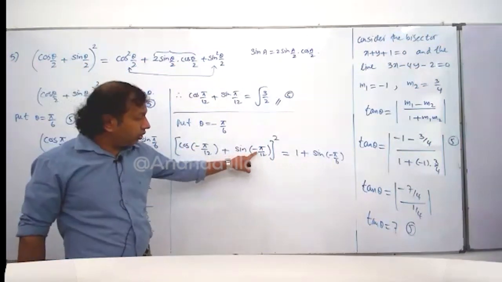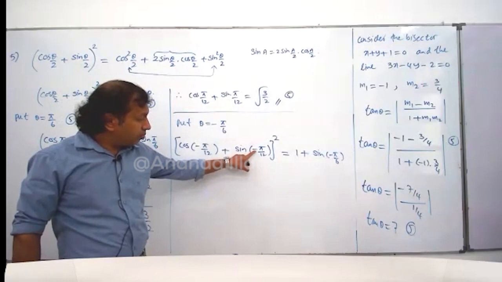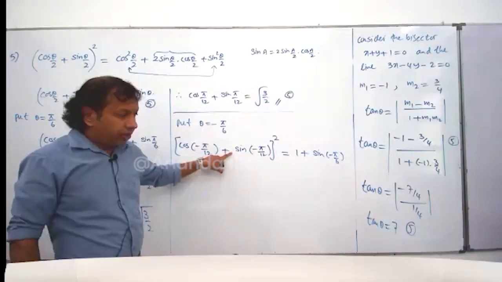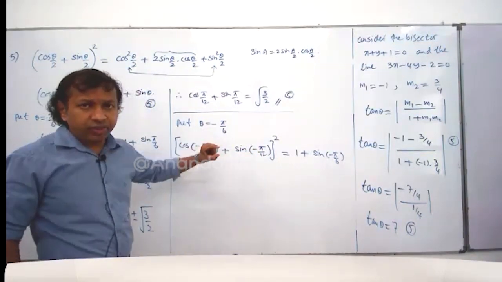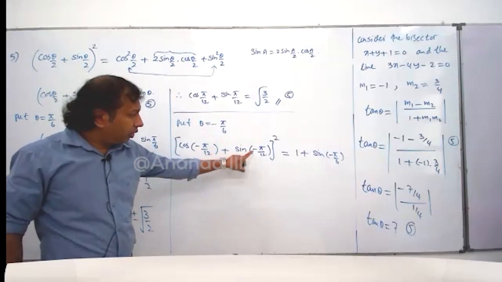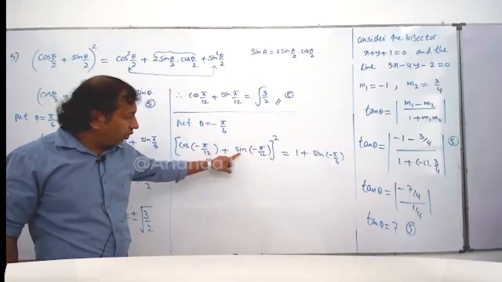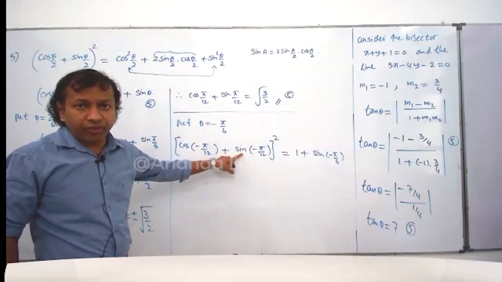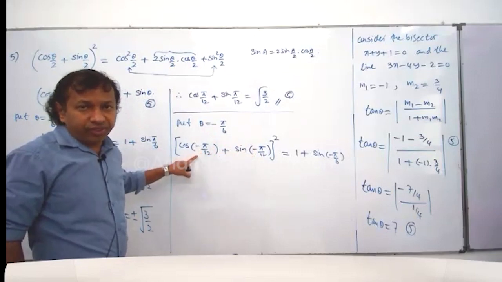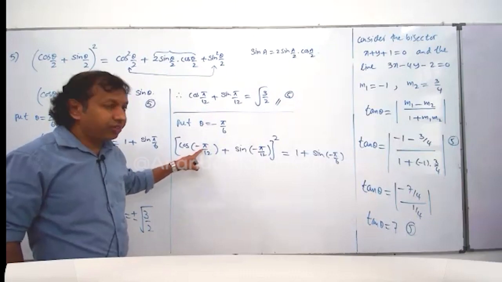Sin of a negative angle, the minus sign you can take out. In other words, if the angle contains a minus sign, you can take that minus sign out if we have sin or tan before it. If the minus sign is available with the angle in the ratio cos, we ignore this minus sign and write.